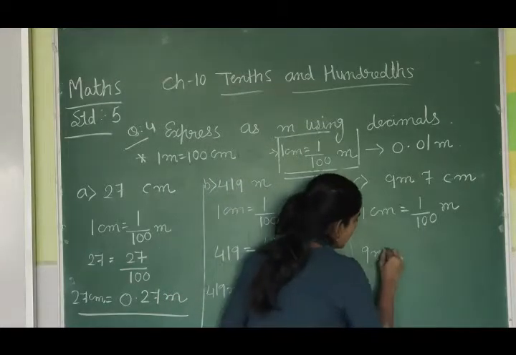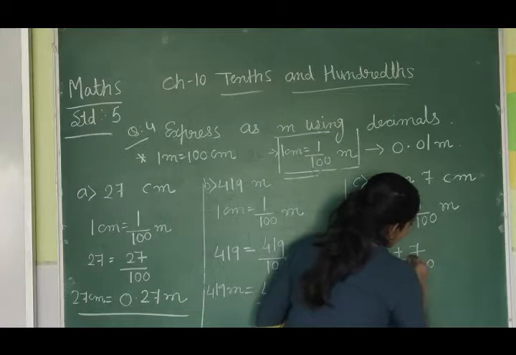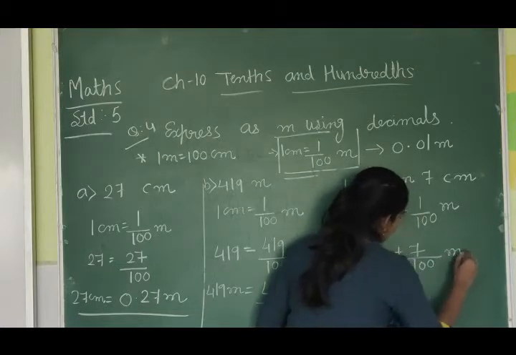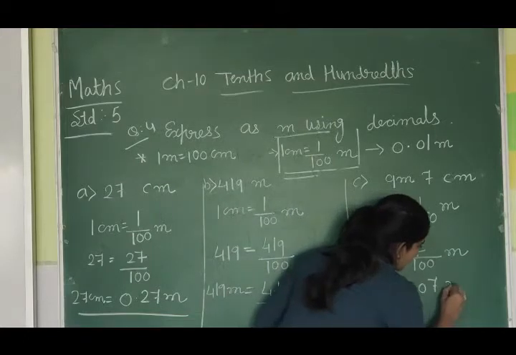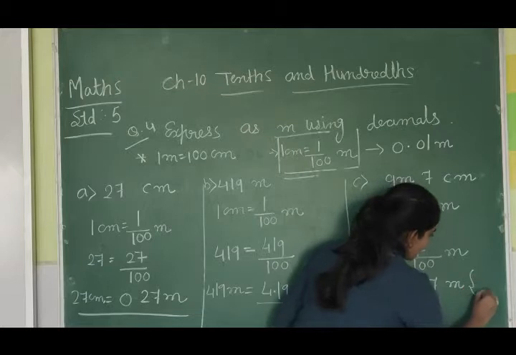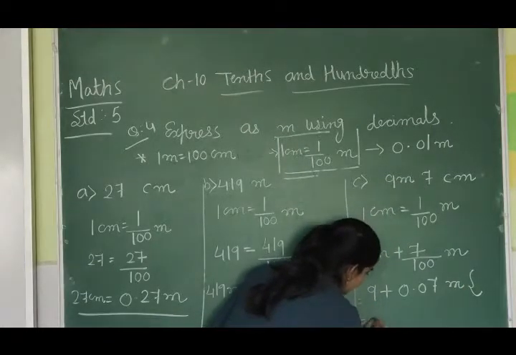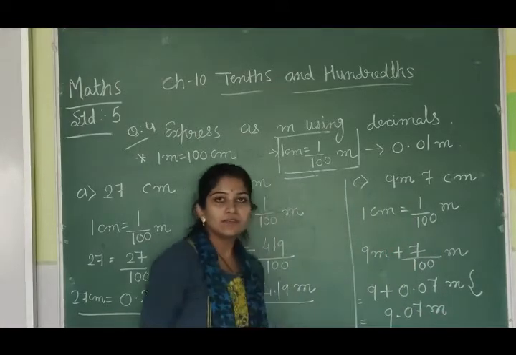So 9 meter plus 7 upon 100 meter. So 9 plus 0.07 meter. You can do this addition on the rough side also. So the answer will be 9.07 meter.